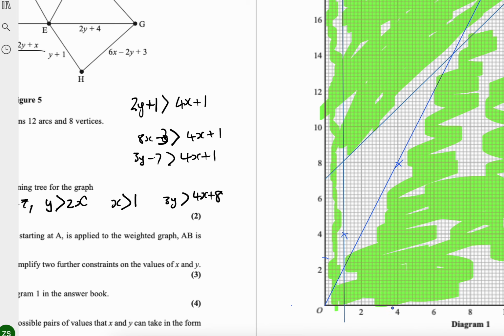So if we did 1 and 4, what would be the next easy one to plot? We're going up in 3s, because this is the 3 times table: 7. So what's 4 times 7? You can do it. 4 times 7 is 28. Plus 8 is 36. 36 divided by 3 is 12. So when you're at 7, the height is going to be 12.